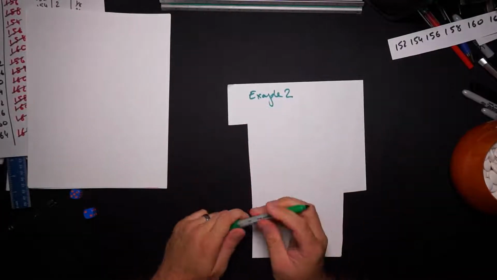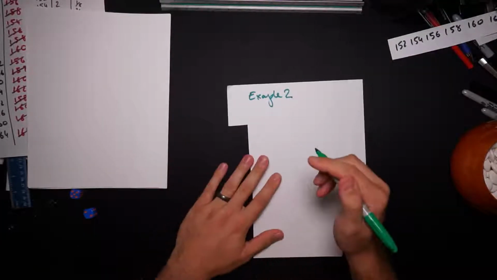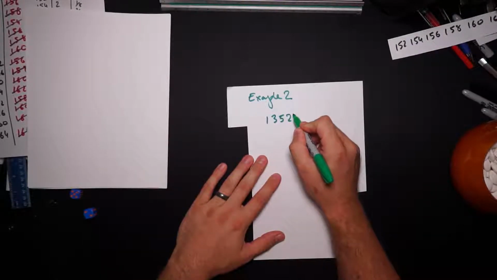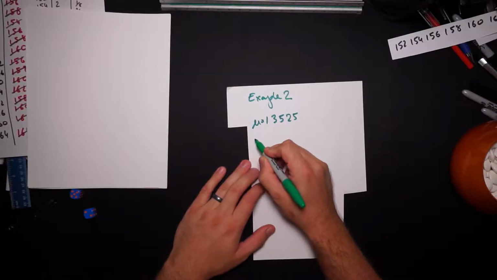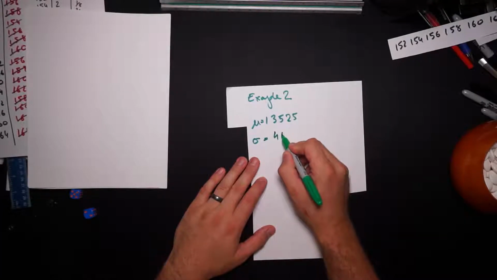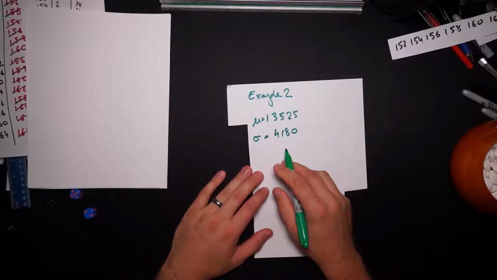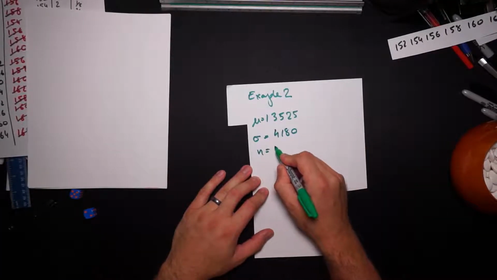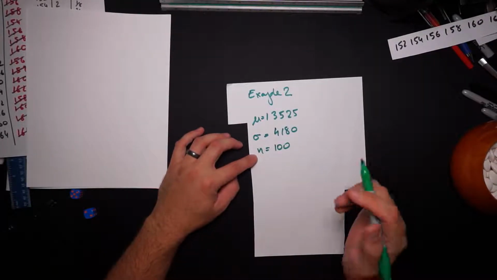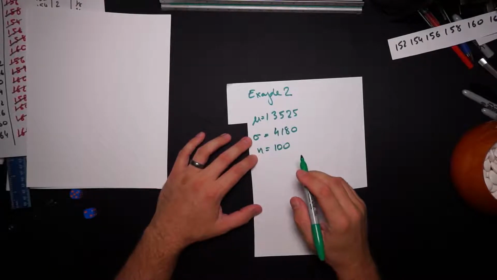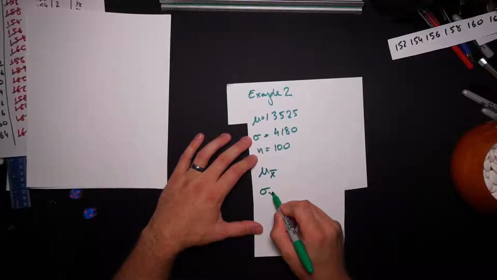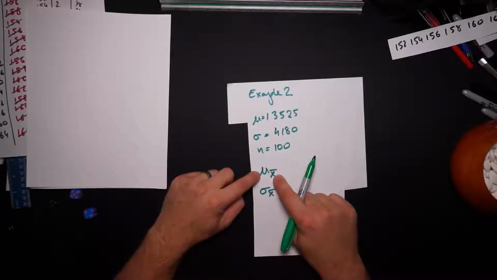Example 2. The mean is 13525. And the standard deviation is 4180, and the sample mean, population standard deviation, sample size. And we are asking for, well, we know what this is.